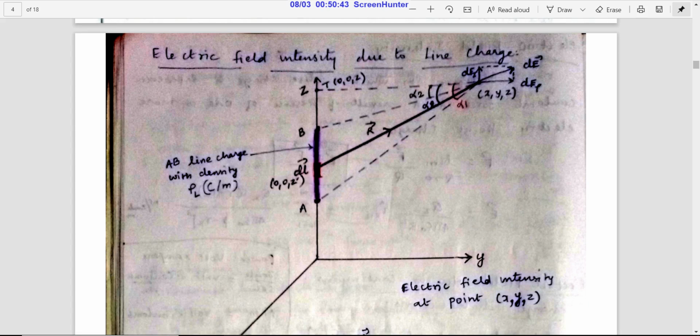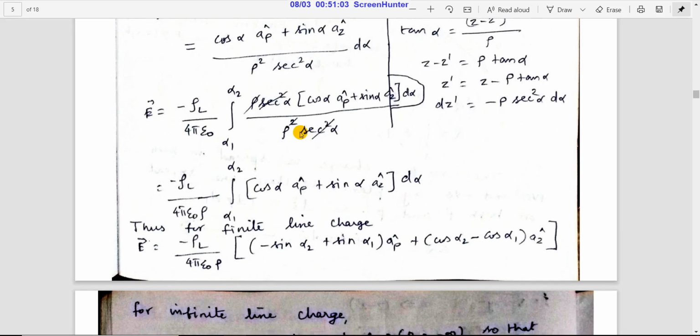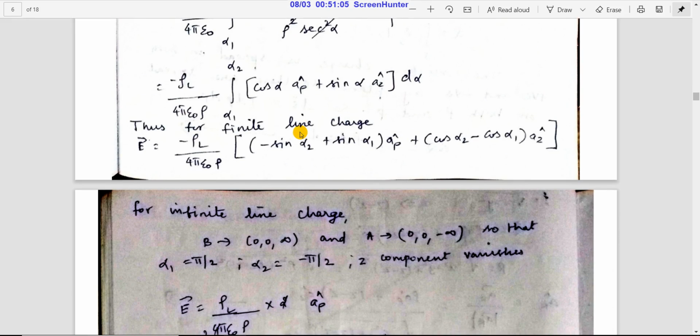But in our theory discussion, we had only one charge distribution. Due to that particular charge distribution, we found the electric field at the point x, y, z. That is what we derived in the previous theory lecture.